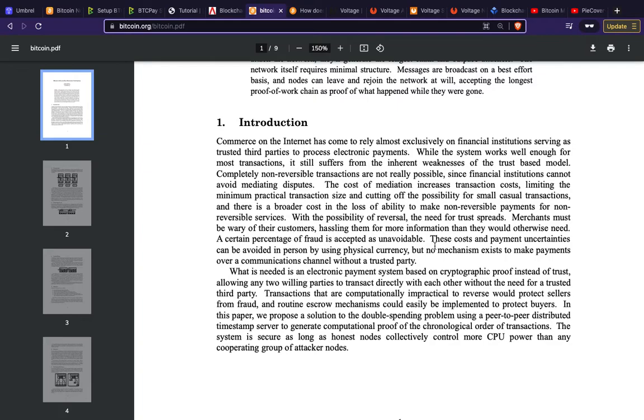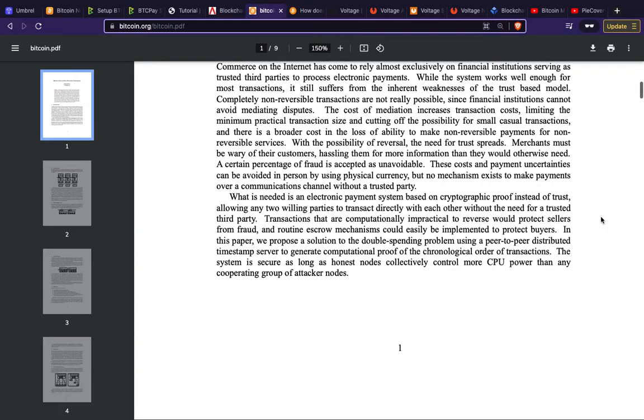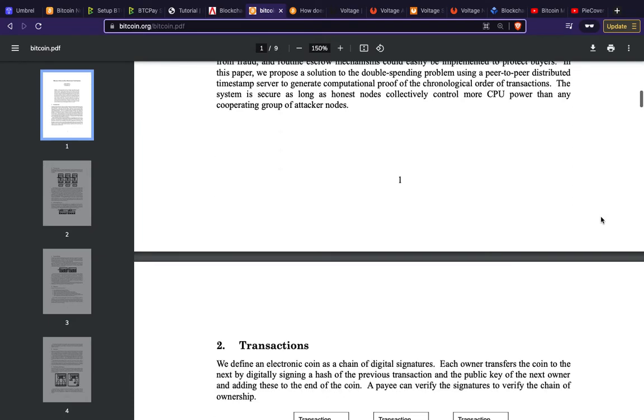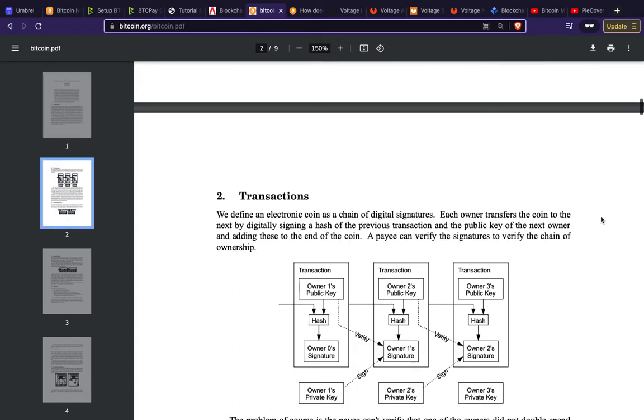So, the system is secure as long as honest nodes collectively control more CPU power, right? This is it. So you need a peer-to-peer distributed timestamp server. You need a timestamp, and what they use is Adam Back's Hashcash to do so.